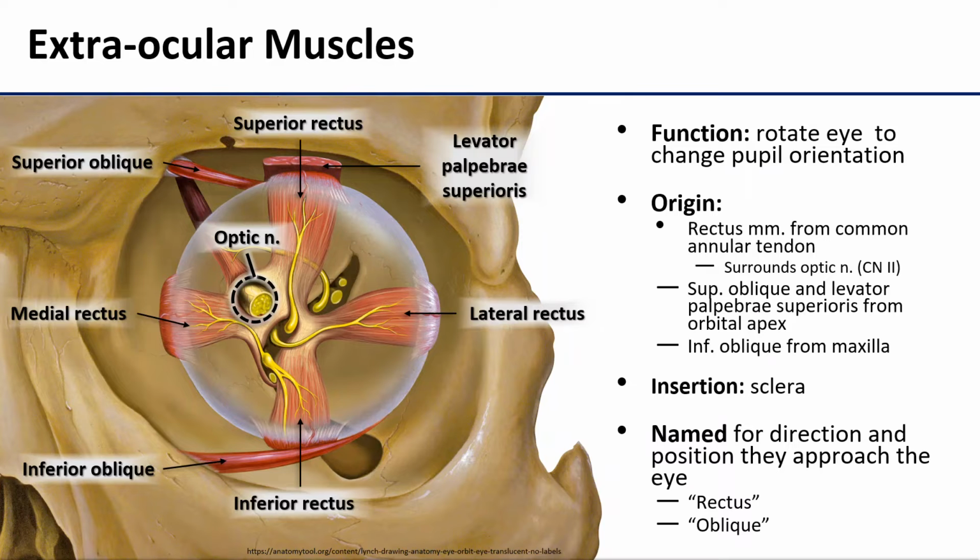All right, so we have our rectus muscles originating from this annular tendon, but posterior to that, so back here, up from the sphenoid bone is where the superior oblique muscle is going to originate, as well as that levator palpebrae superioris.